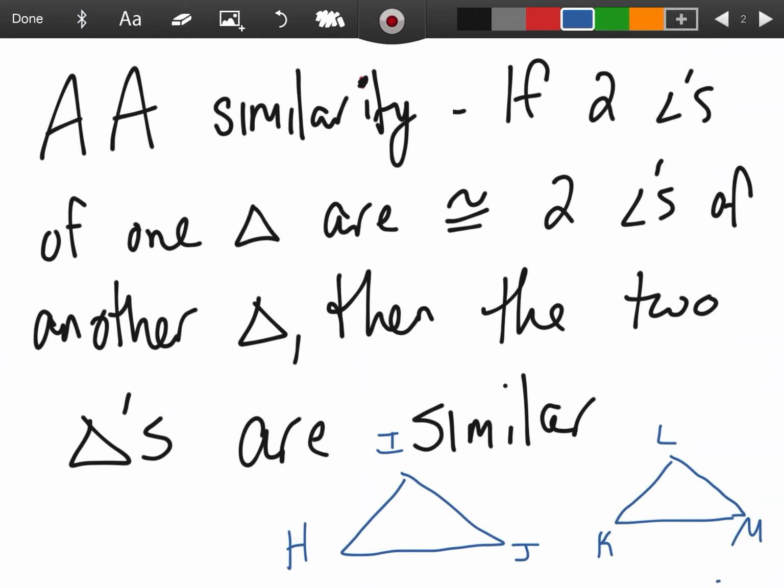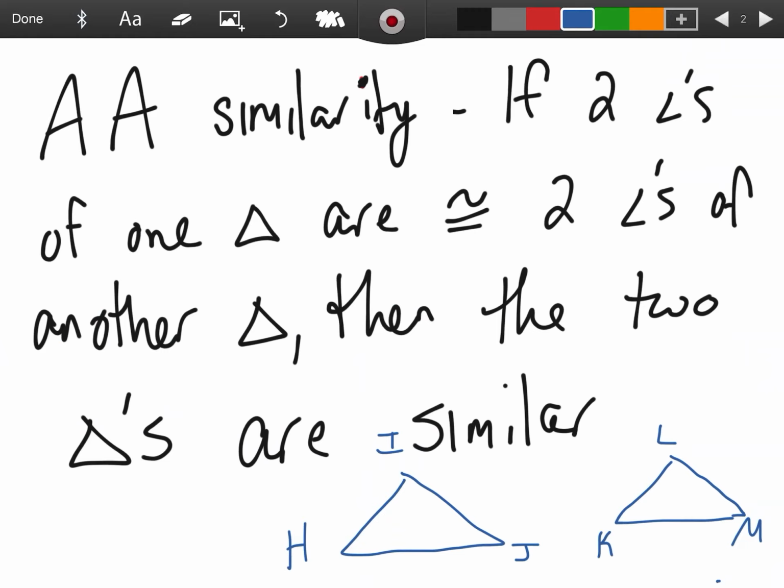So all we need is two pairs of angles to be congruent, and that forces the triangles to then be similar. We're not going to run through the proof of this. However, it is interesting to see that it's no longer angle side angle or angle angle side. All we need is two angles. As soon as we have two pairs of congruent angles, we can say that two triangles are similar.